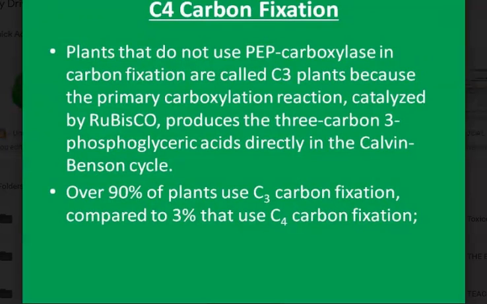Over 90% of plants use C3 carbon fixation, compared to 3% that use C4 carbon fixation. So a lot of plants use the C3 process.